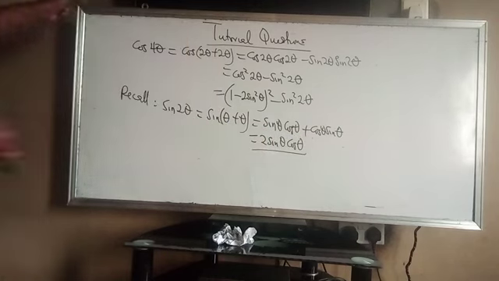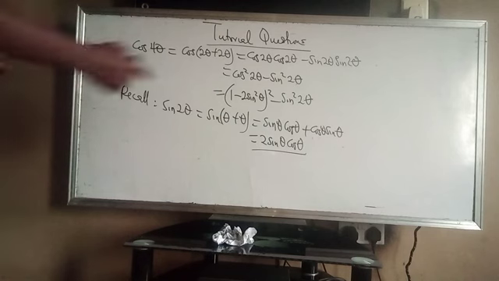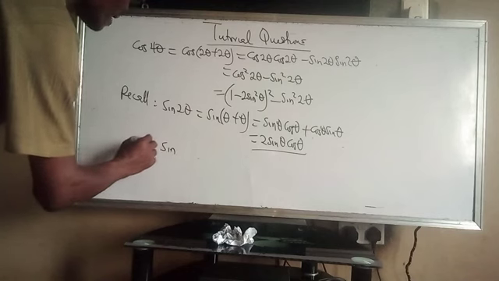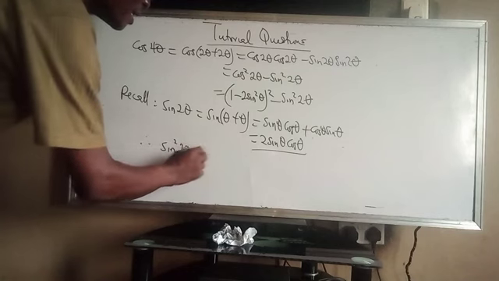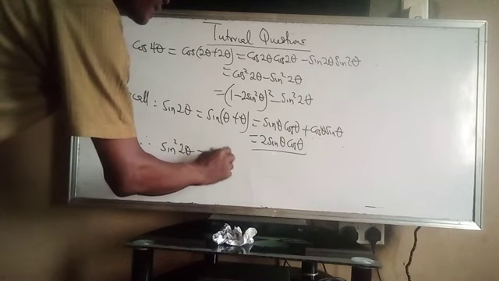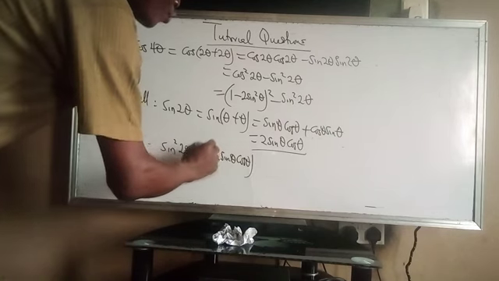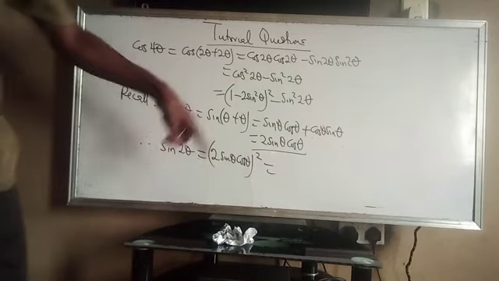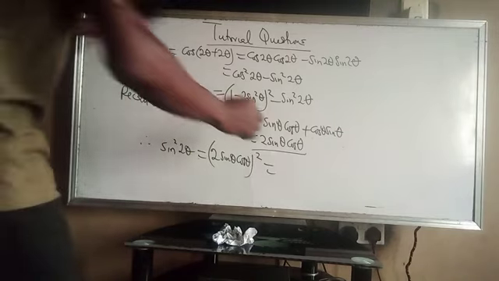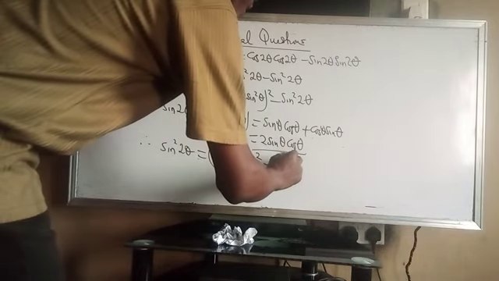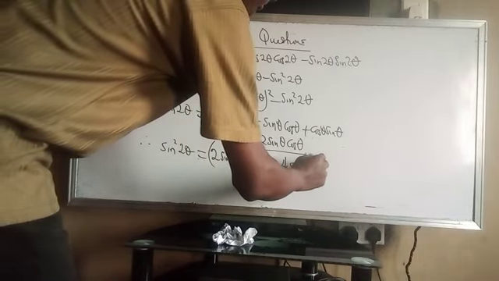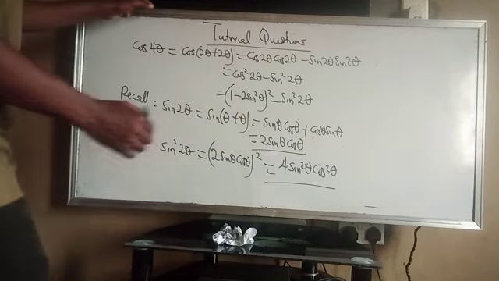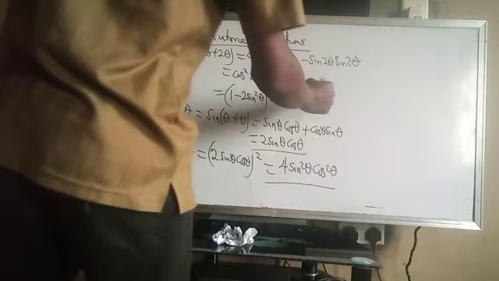So for sine square 2 theta, that is 2 sine theta cos theta all squared, because sine square means sine 2 theta twice. This will give us 4 sine square theta cos square theta. So we have gotten that. Let's call this equation 3.